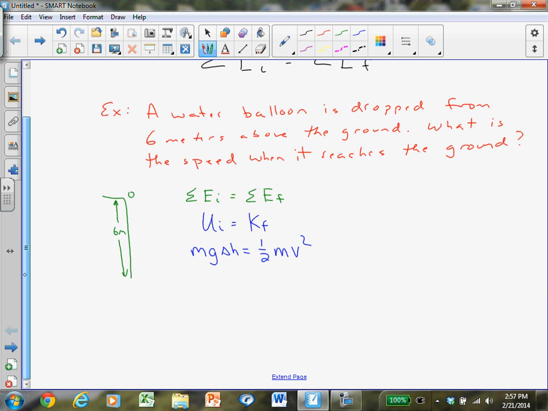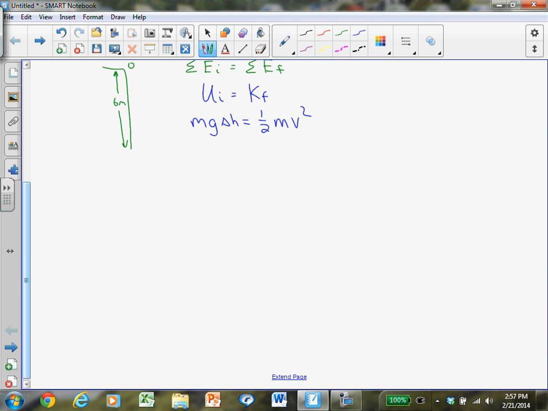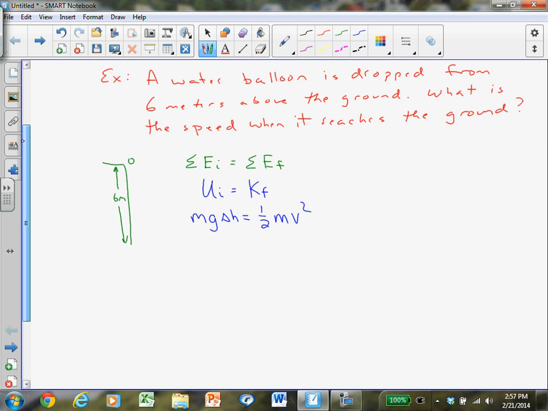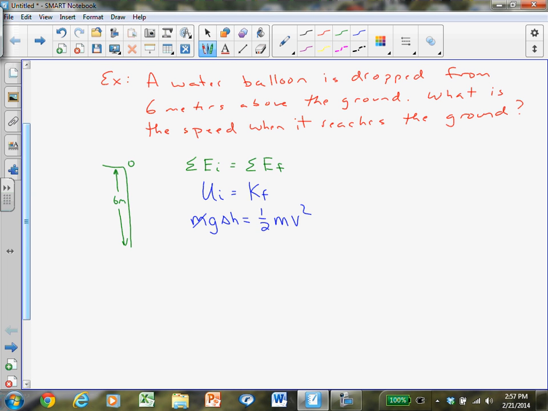And so that becomes important because you notice we're not given a mass here, and that's going to fall off there. So g is 10 meters per second squared, h is 6 meters, 1/2 v squared. So 60 meters squared per second squared equals 1/2 v squared.